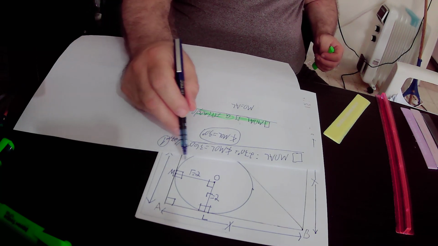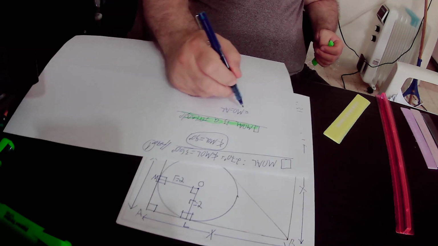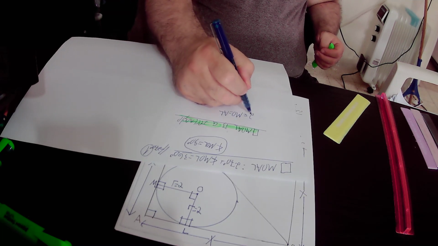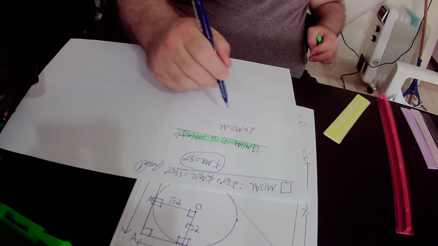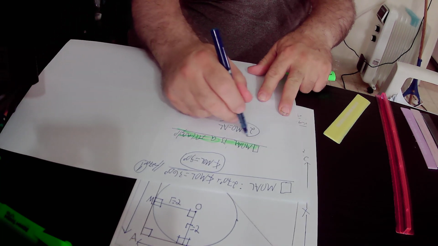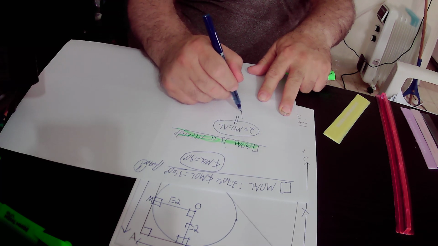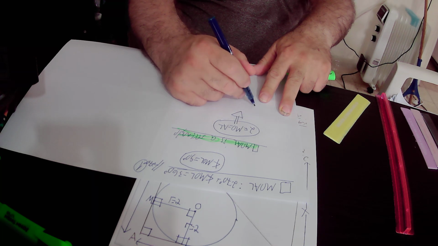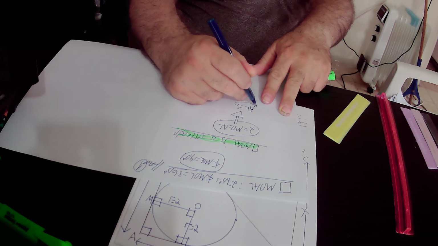But we already found out that MO equals 2 units, so we can write here that MO equals 2 units. And from this equation, 2 equals MO equals AL, we will derive that AL is also equal to 2 units.